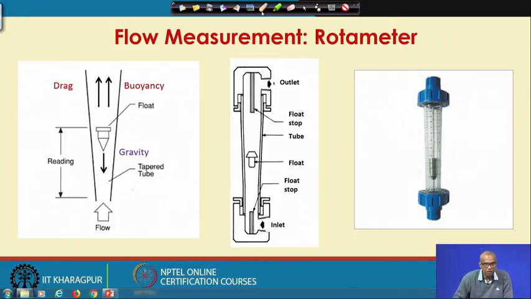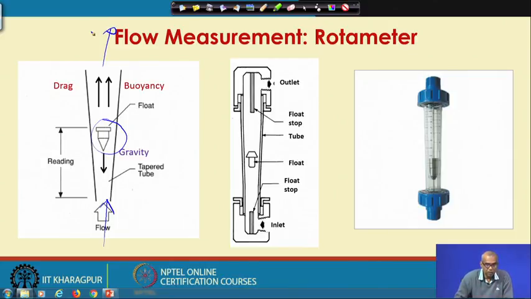It is essentially a tapered tube generally made of glass, and you will see that there is a float inside the tube. This float is also called bob. Rotameter is always installed vertically. So, here you have the flow that goes through the meter, and here the flow comes out from the meter.